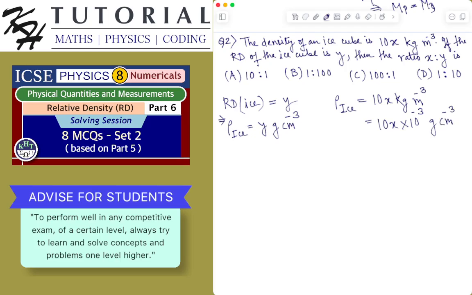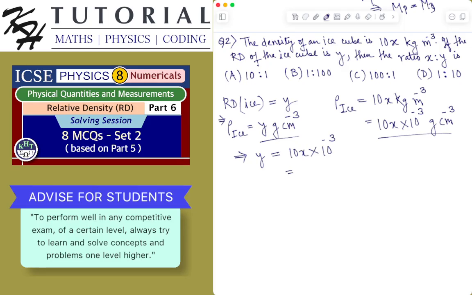As we know, 1 kilogram per meter cube is equal to 10 to the power minus 3 gram per centimeter cube. Now clearly, we can equate these two values as they are both the value of the density of ice. So I can say that y is equal to 10x multiplied by 10 to the power minus 3.